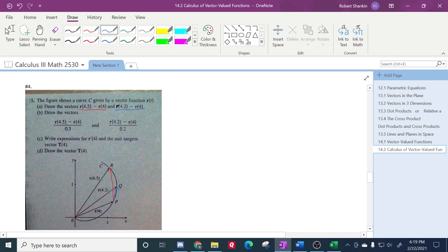And now draw the vector r(4.5) minus r(4), and the delta t was obviously 0.5, and so you're dividing by delta t. And draw this one, and the delta t was 0.2, and dividing by 0.2. So let me give you a moment to draw both of those.